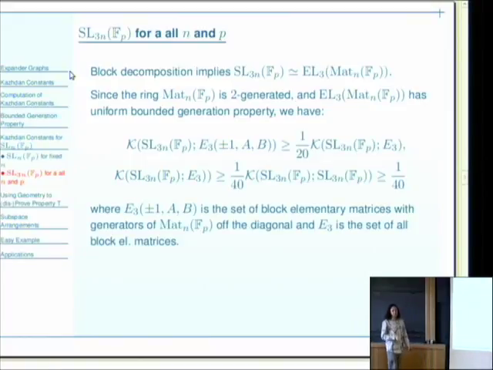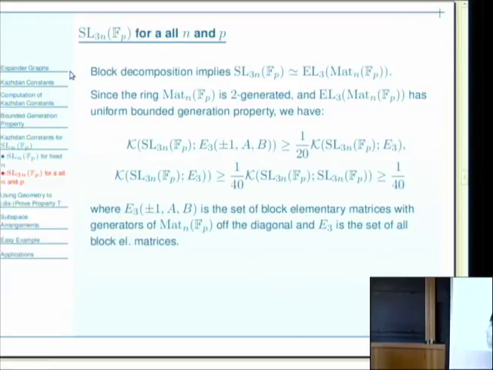And now you can essentially repeat the same argument. You do the same kind of embedding of an analog of SL2, of the semi-direct product SL2, because this is exactly the same picture. And this allows you to compare the Kazhdan constant of SL3 over Fp, which you think of in this way, with respect to elementary matrices with the generators of the ring. A and B are the two generators I'm talking about.